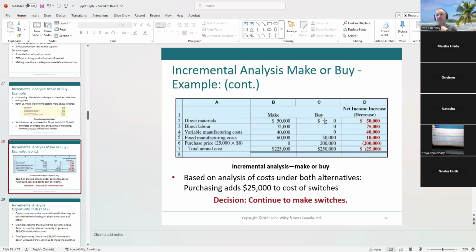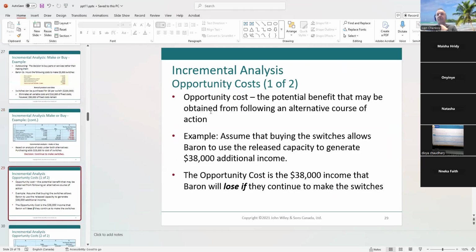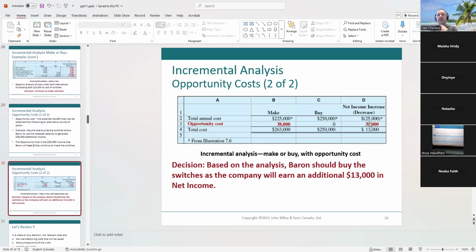However, if we decide to buy it, then we're freeing our capacity. And if you find some activity which is going to generate at least $25,000 or more, you can go for it. That will be the opportunity. So the opportunity here is we're using the free capacity and adding an additional 38,000 income, which is enough to cover the 25,000 loss in the scenario when we're buying it.